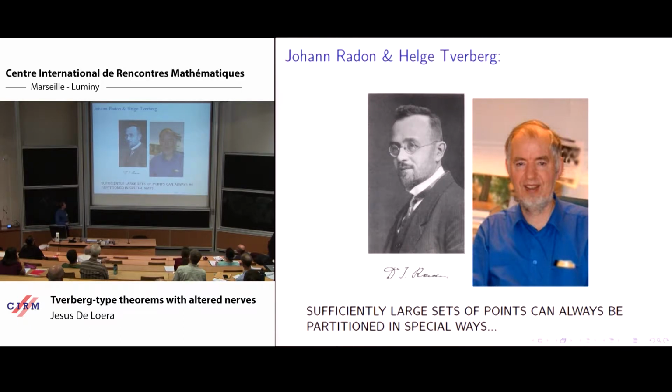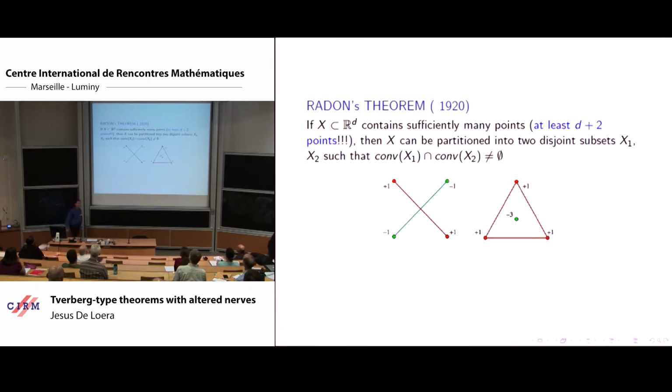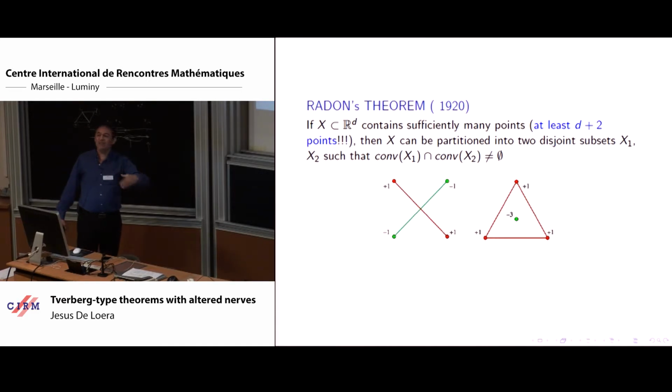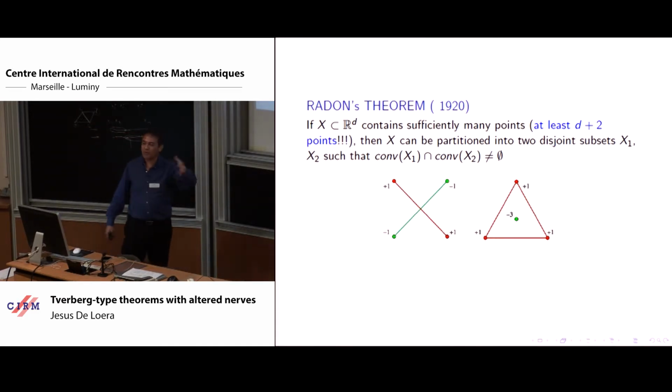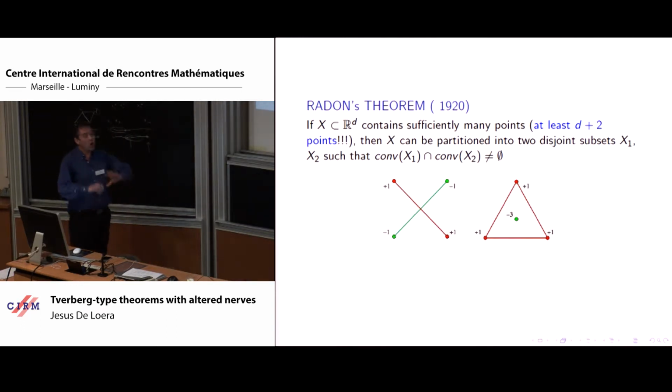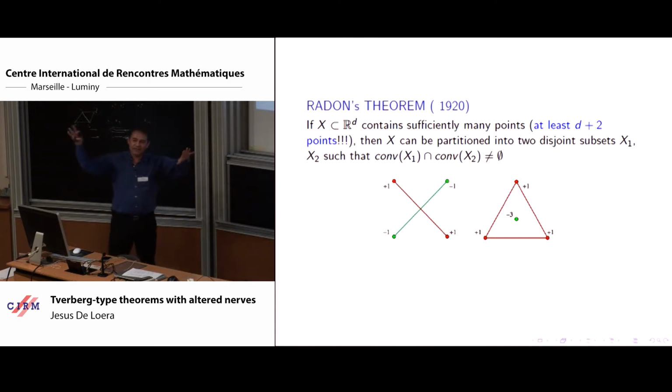Let me start with the simplest version, which is Radon's theorem. I start with this version because it's perhaps more well known in the matroid community. You have a set of points, and in this case we know exactly how many are needed: if you have at least d plus 2 points, where d is the dimension, then you can always partition the points into two sets, the blue set and the red set, such that the convex hulls of these sets intersect.